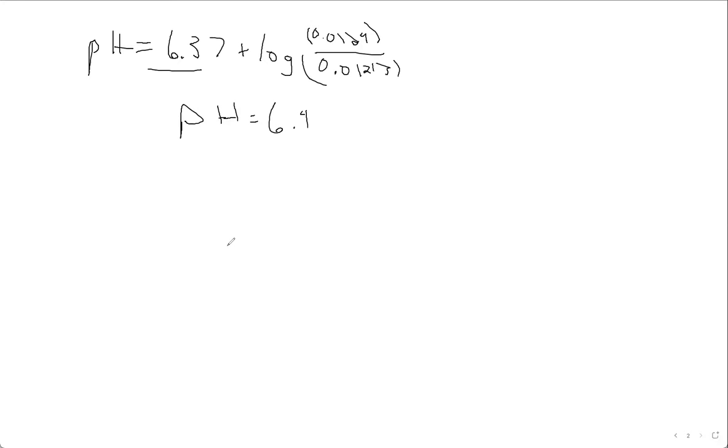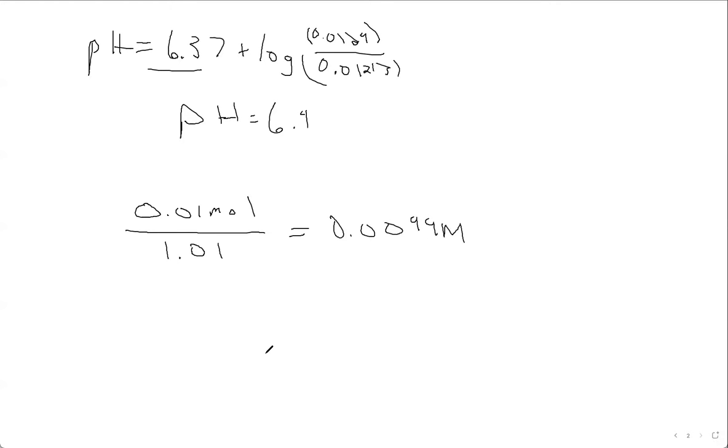Okay, and so we have 0.01 moles of HCl from the 10 mils of 1 molar, and we're going to divide by our volume, which is 1.01 liters, because we added 10 mils to 1 liter, and we get 0.0099 molar. All right, awesome.